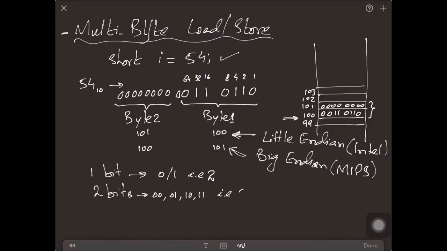That is 2 raised to power 2, 4 values in it. If I have 3 bits, then I can store 8 values in it, and so on. If I have 8 bits, then I can store 2 raised to power 8 values in it. That is 256.